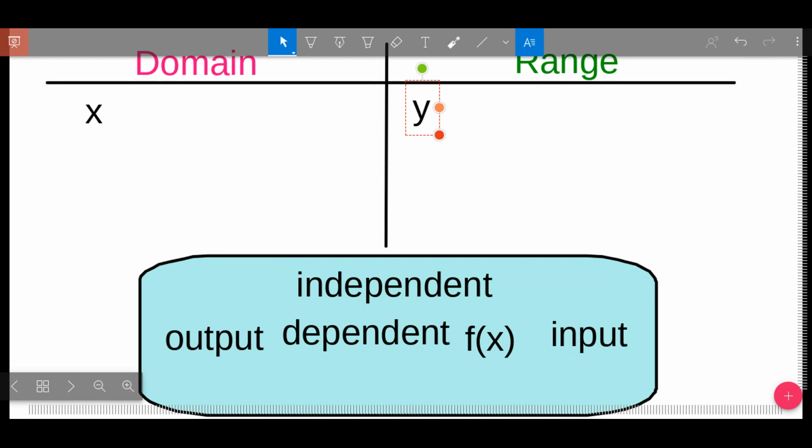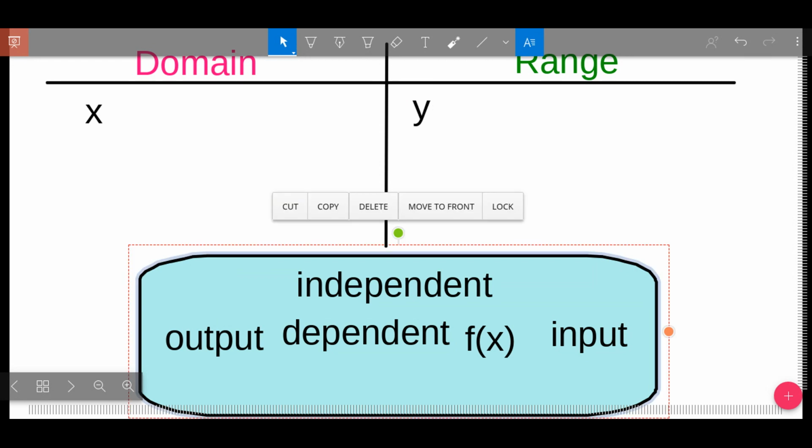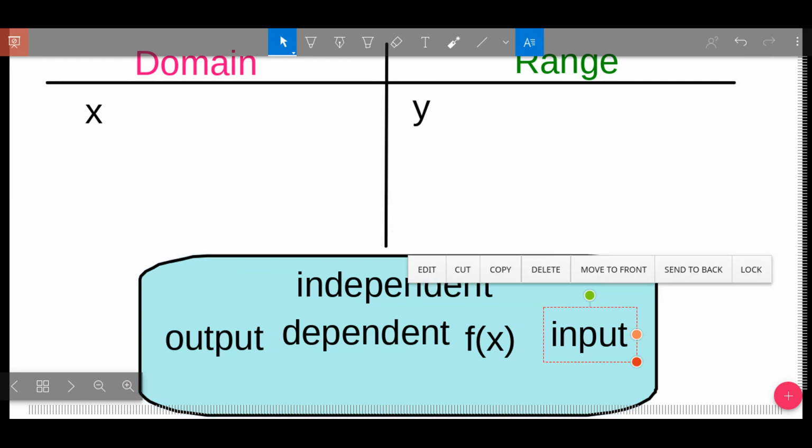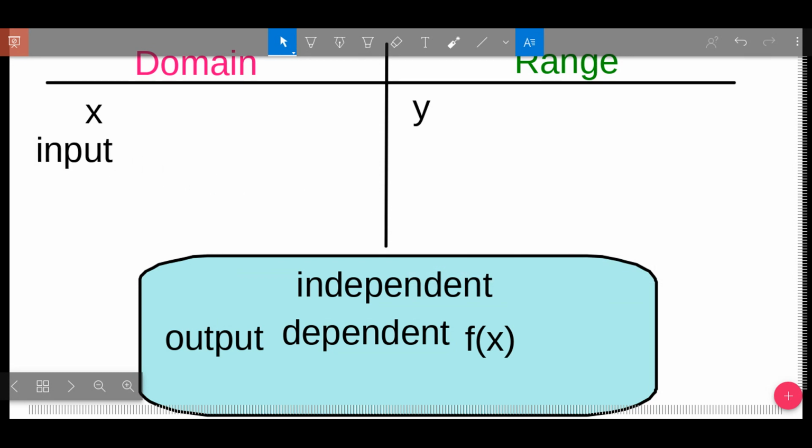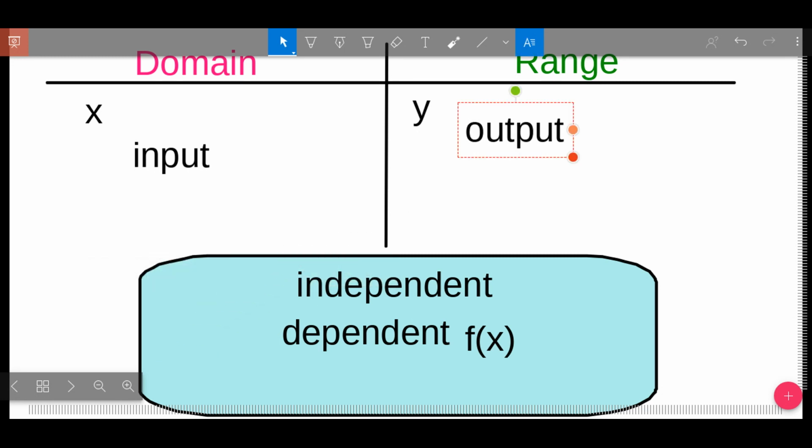Well, another word for the x is the input. So if someone gives you input values, that's the domain. And quite the opposite, if someone gives you the output values, that's the range.